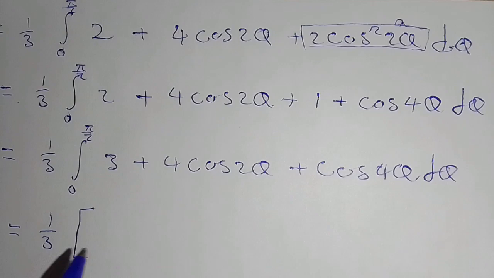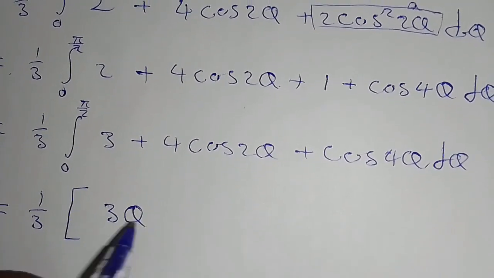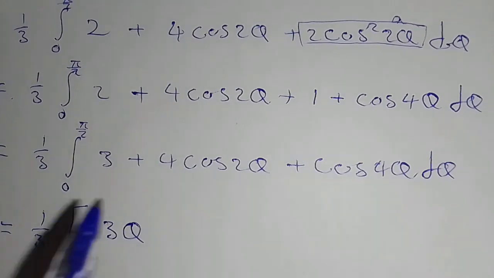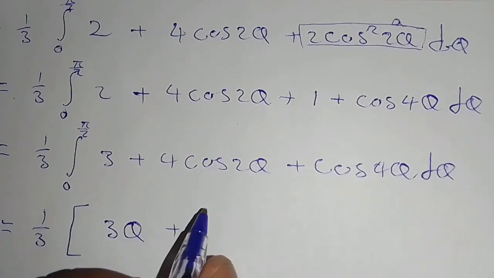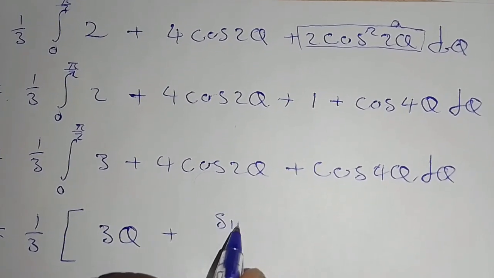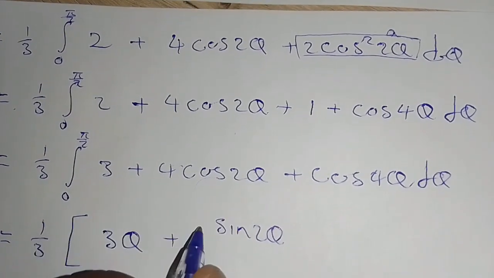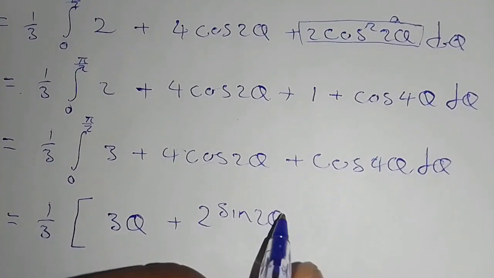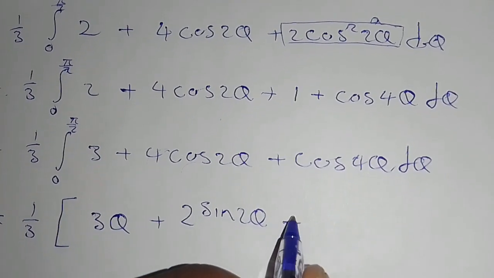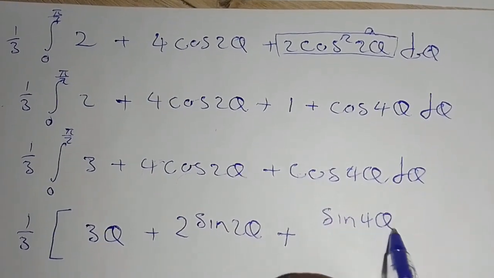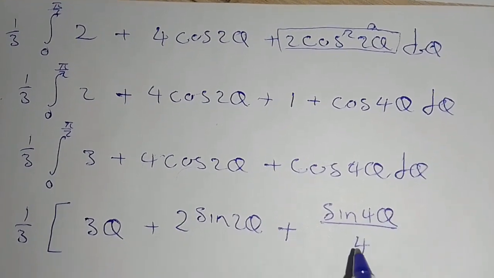We have 1/3, and then you integrate with respect to theta, you have 3 theta, plus the integral of cos 2 theta, that's going to be sine 2 theta over 2. But since we have this 4 right there, we're just going to have 2 sine 2 theta right there. Plus the integral of cos 4 theta is just going to be sine 4 theta over 4.